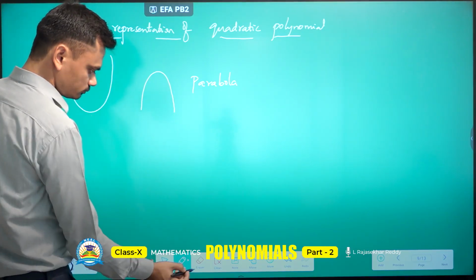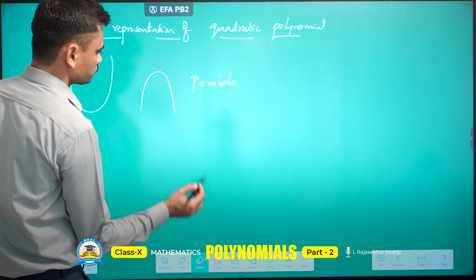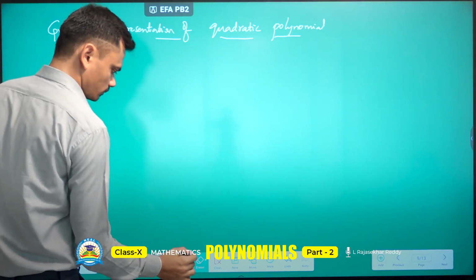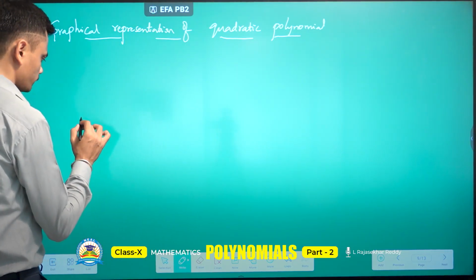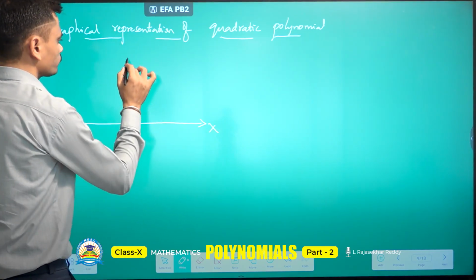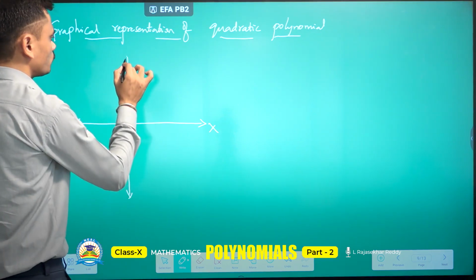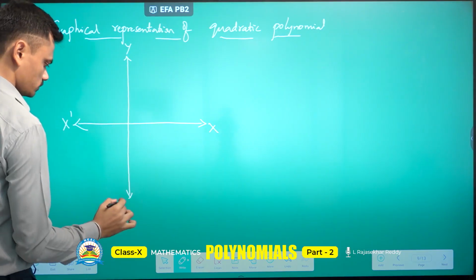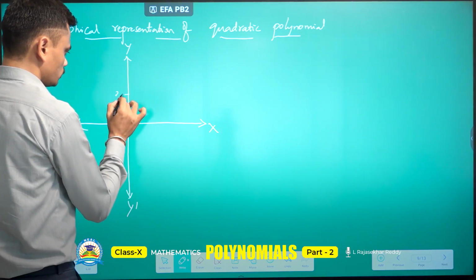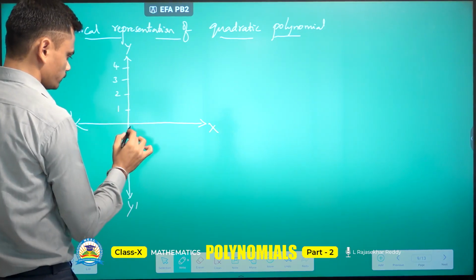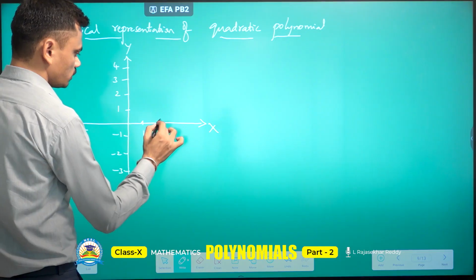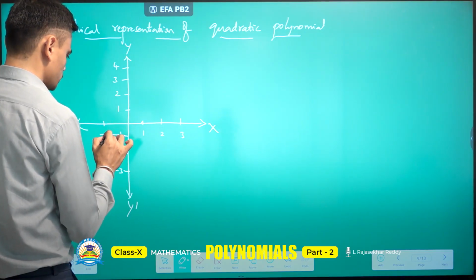Now, here there is x-axis and y-axis. X negative, here y negative. 1, 2, 3, 4. Here minus 1, minus 2, minus 3. Here 1, 2, 3, minus 1, minus 2.